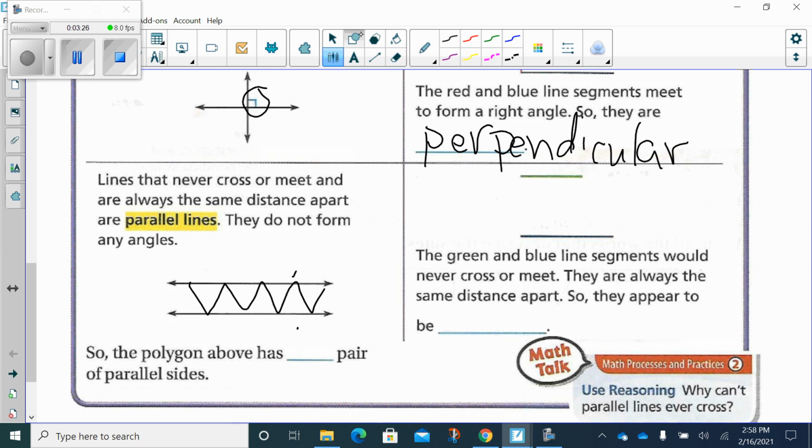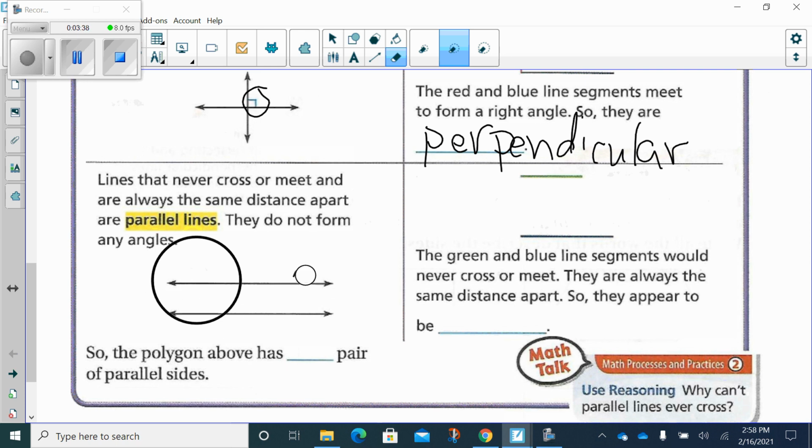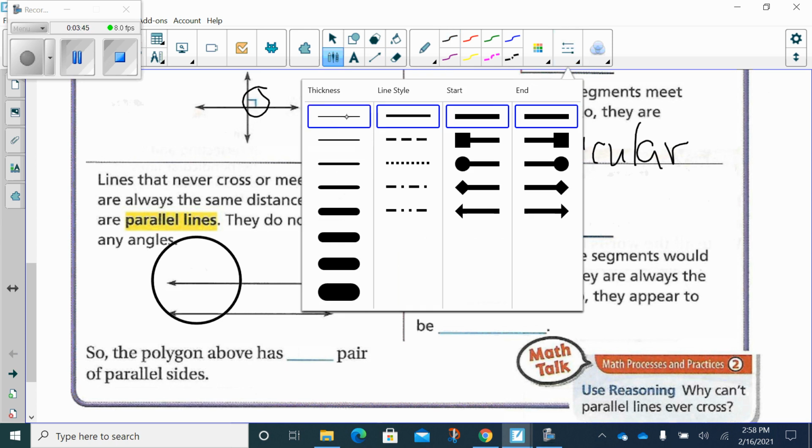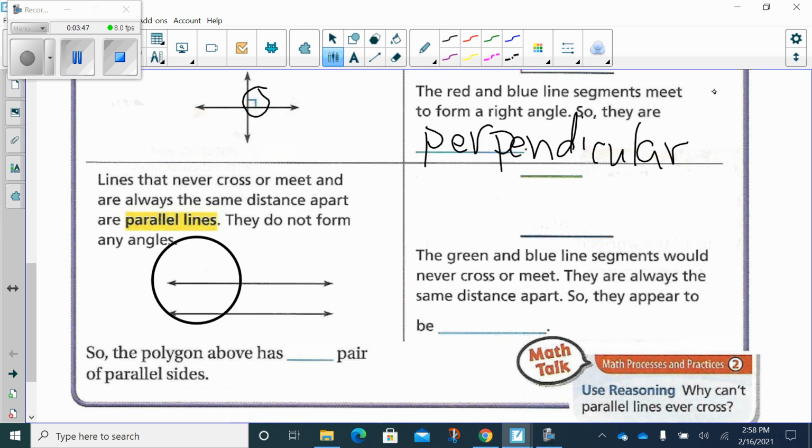Okay, let me erase that. I'm going to erase these. And if you will notice, my dear friends, in the word parallel, you even have parallel lines.